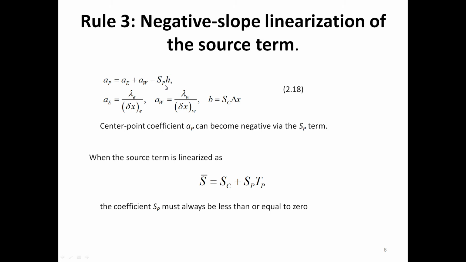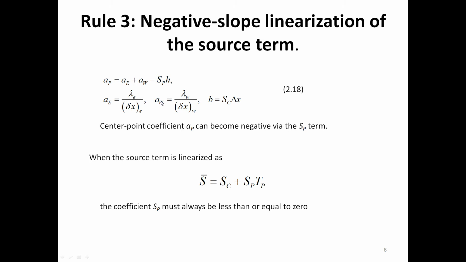Of course, the danger can be completely avoided by requiring that S sub P will not be positive. Thus, we formulate Rule 3 as follows.